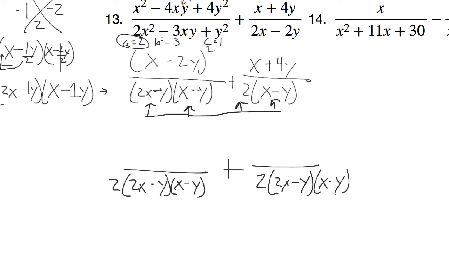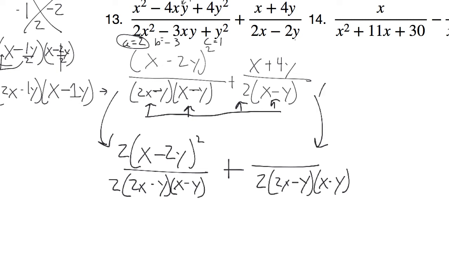What do you need to multiply by to get to these fractions? Well, for the first fraction, you need to multiply by 2. We multiply the denominator by 2, so we need to multiply also the numerator by 2: x minus 2y squared. And what do we need to multiply the denominator by in the second fraction?